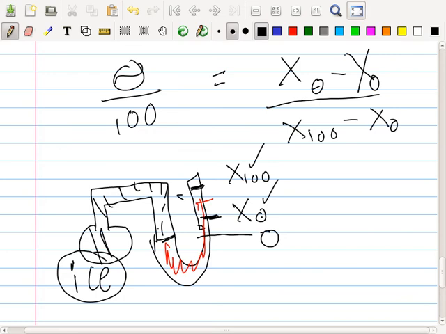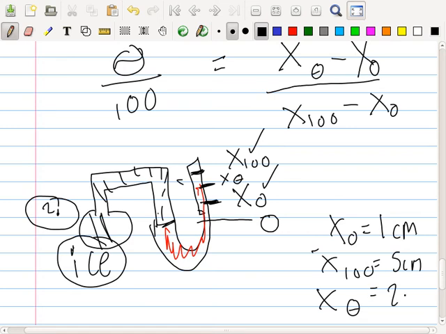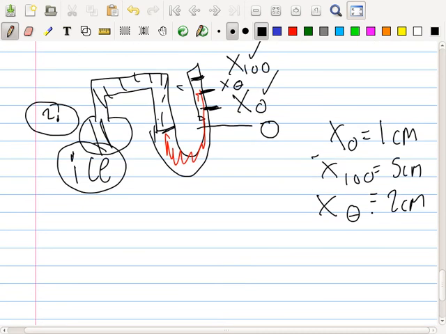Then you put something else, the thing you want to know the temperature for, and you measure the height and call that x theta. If you want to calculate the temperature, you can use this formula. For example, let's say x0 equals 1 centimeter, x100 equals 5 centimeters, and x theta equals 2 centimeters. I want to know the temperature.